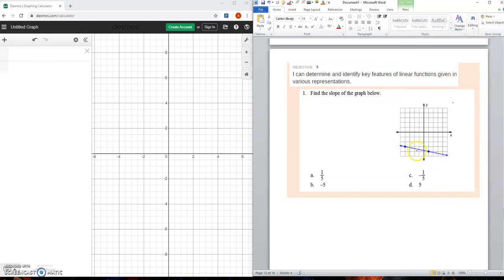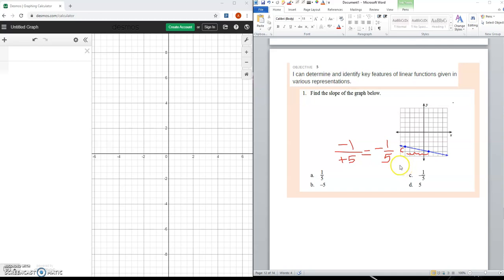If you're coming from this point going to that point, your rise is a -1 and your run is a +5 because you're going to the right. How many jumps do you have? You have 5 jumps. So +5. So a negative over a positive will give you a negative value. Also, look at your line is going down. So that means that your line is decreasing.